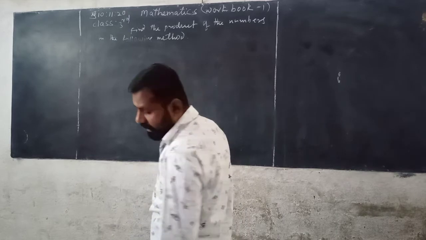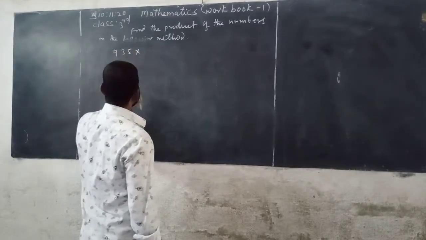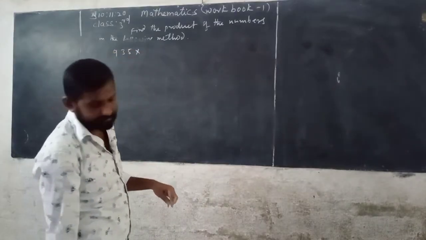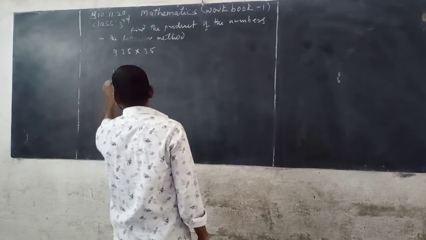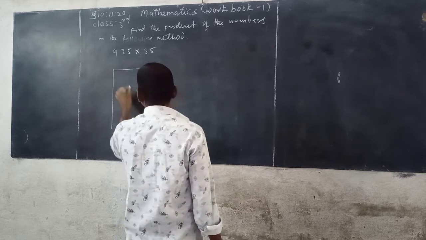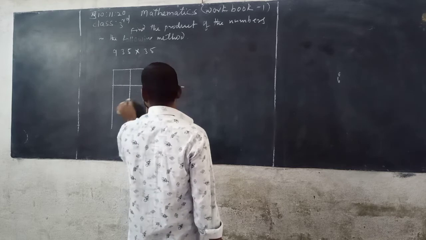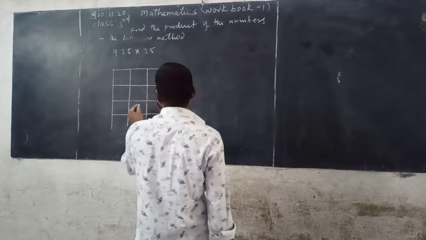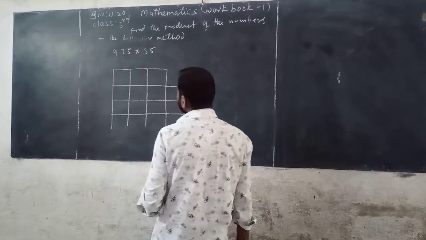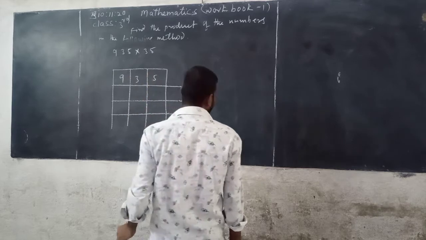Next 935 into 35. So 935, write down at the top of the column. 35, write down adjacent to the rows.